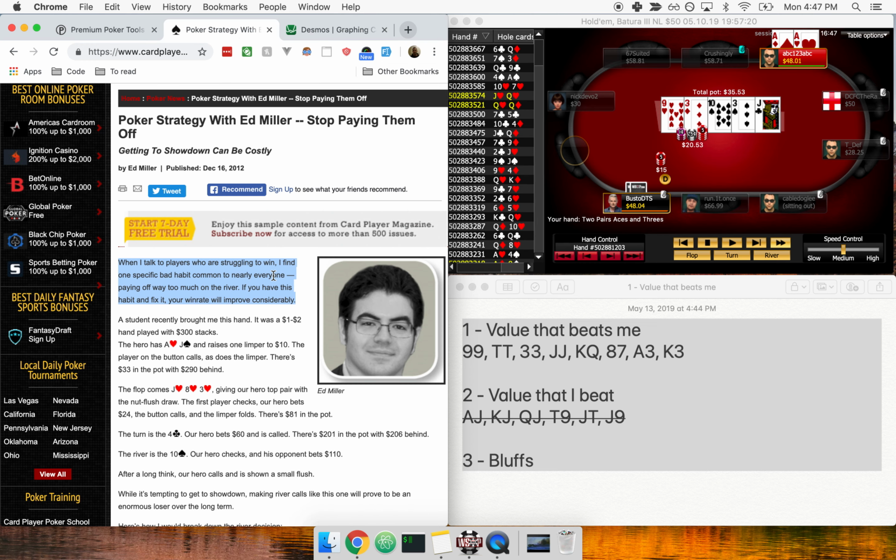And again, Ed Miller's take on this is that when people make a big strong play, like here he raised the turn and is betting the river, they usually don't have enough bluffs in their range for you to bluff catch. He might be bluffing 5 or 10 or 15% of the time, but he probably isn't bluffing the required 30% of the time.